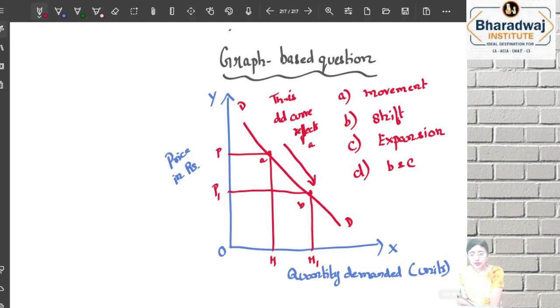Karan? Expansion. Movement is broader, expansion is more specific. Are you clear?